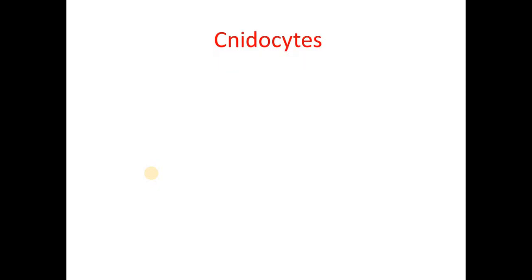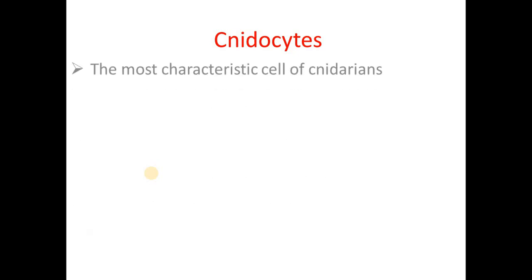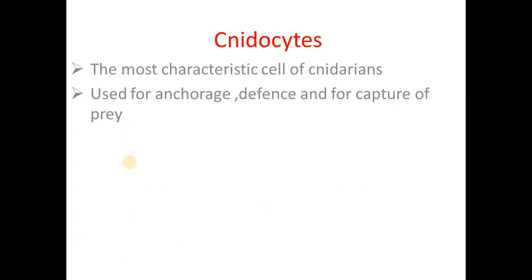Now we will discuss the Cnidocytes or Cnidoblasts, which are the most characteristic feature of the phylum Coelenterata. These are used for anchorage, defense, and for capture of prey.